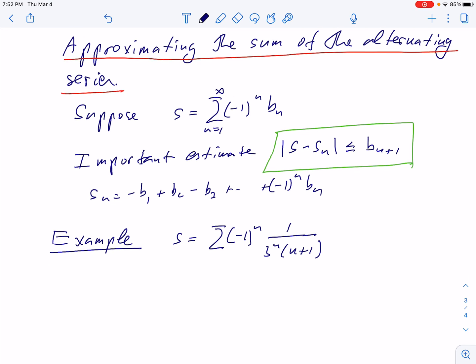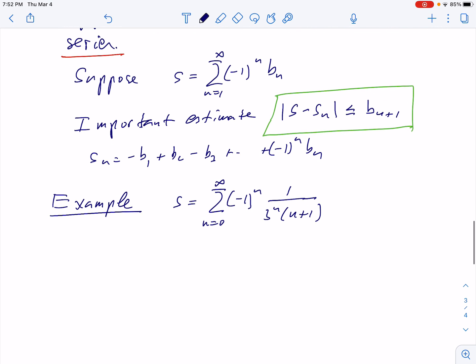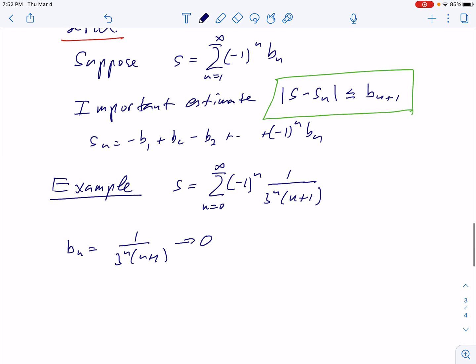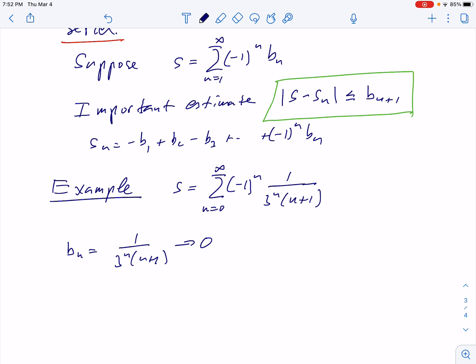Here b sub n is 1 over 3 to the power n times n plus 1. Obviously it approaches 0, and it is decreasing. With each step the denominator gets bigger and bigger, so we get something smaller and smaller. So the series is convergent by the alternating series test.